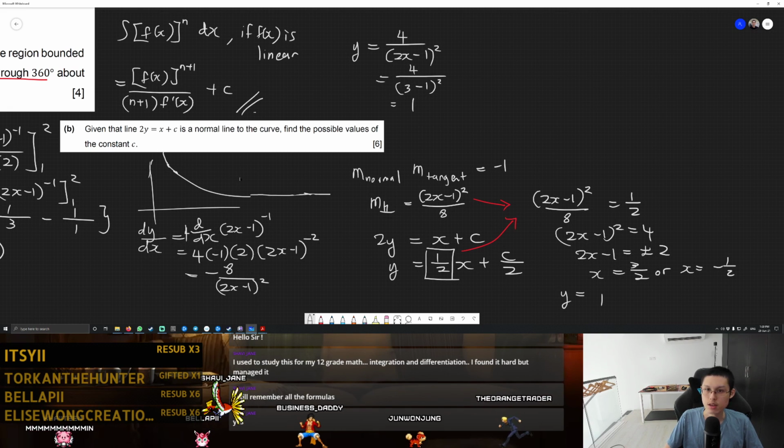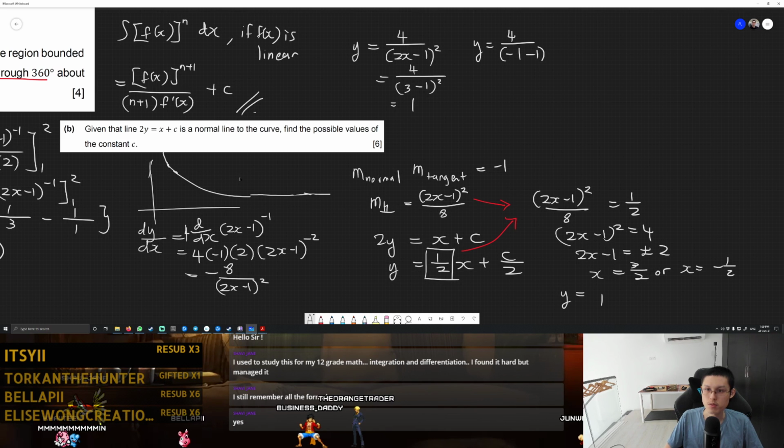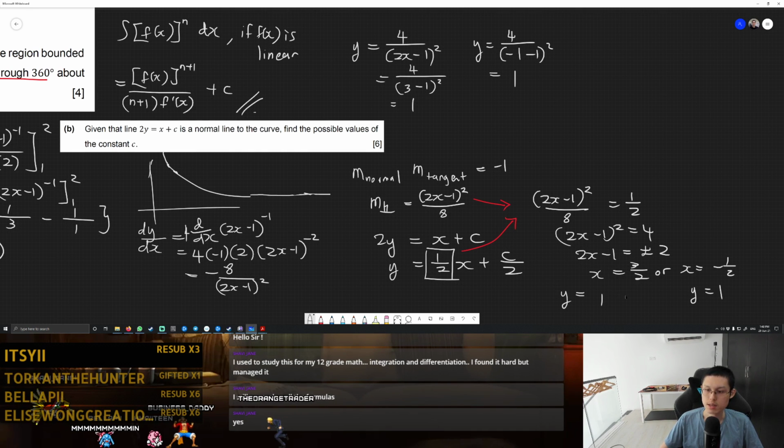If x is negative a half, we are going to get 4 and then negative 1 minus 1 squared, which again is 1. There we go. So we have two possible coordinates. So now we can use these two possible coordinates to find our two possible values of c by substituting these into this. Well, that is quite a bizarre question.